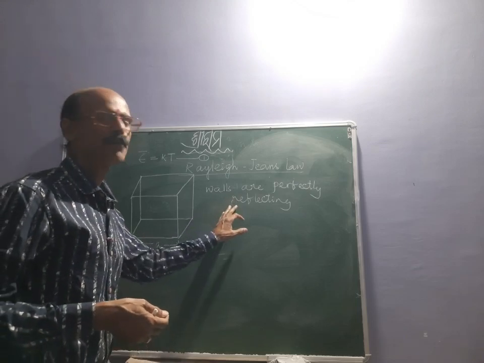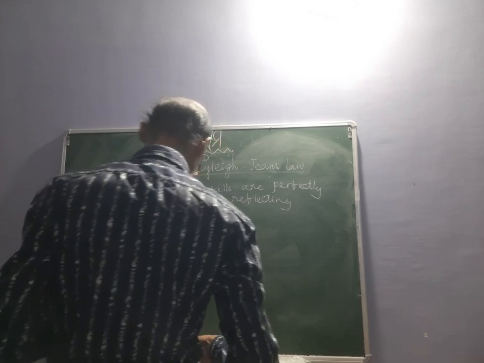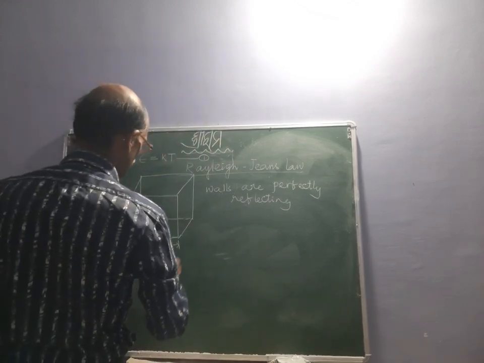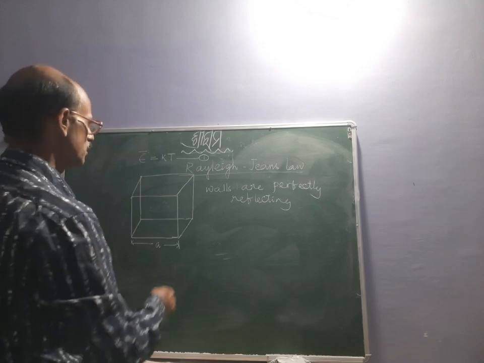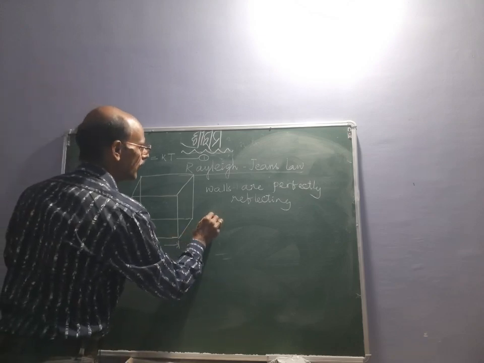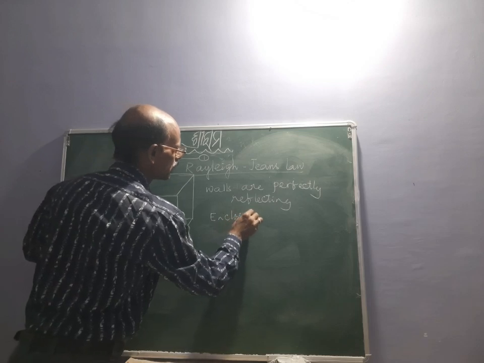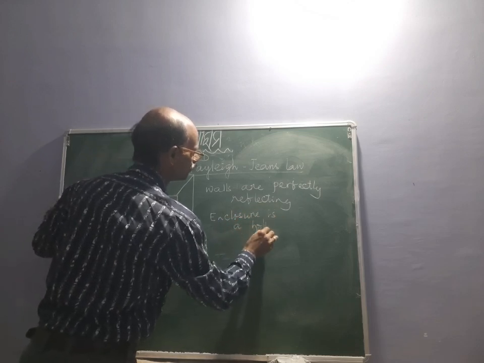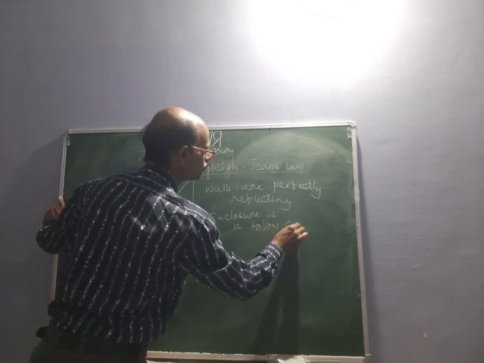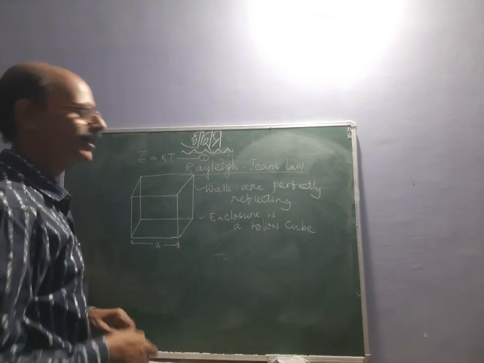Walls are made perfectly reflecting, and the enclosure is a hollow cubic box whose walls are perfectly reflective.